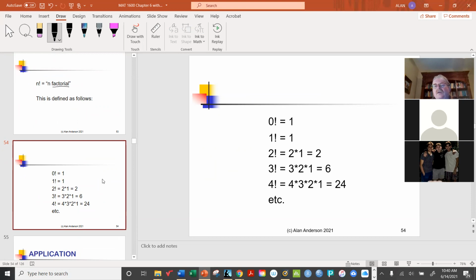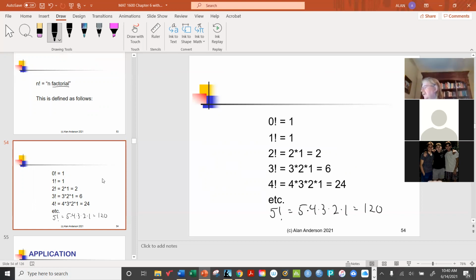We have 2 factorial, which equals 2 times 1. 3 factorial is 3 times 2 times 1, which is 6, of course. 4 factorial is 4 times 3 times 2 times 1, which is 24. And so from that point on, we just keep doing the same thing. In other words, 5 factorial would be 5 times 4 times 3 times 2 times 1. And it just keeps going on and on and on.